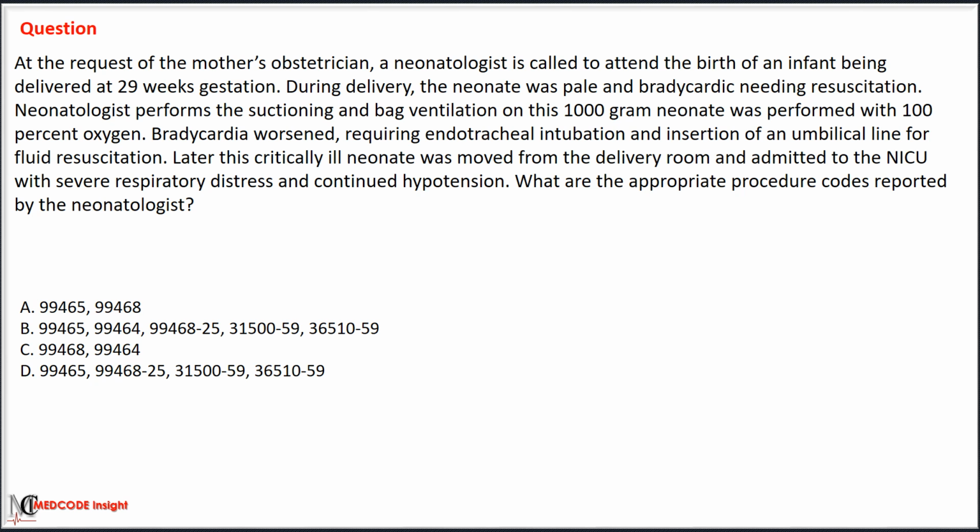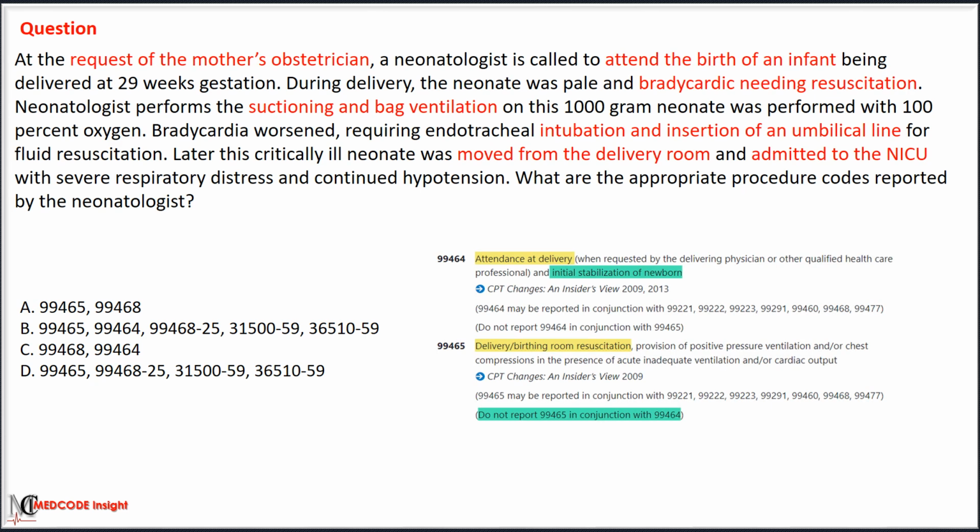Option C with the codes 99468, 99464. Option D with the codes 99465, 99468 along with modifier 25, 31500 along with modifier 59, and 36510 along with modifier 59.